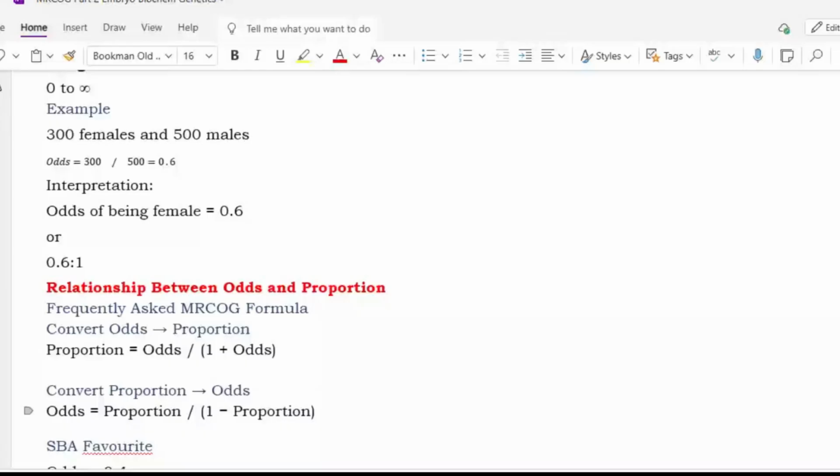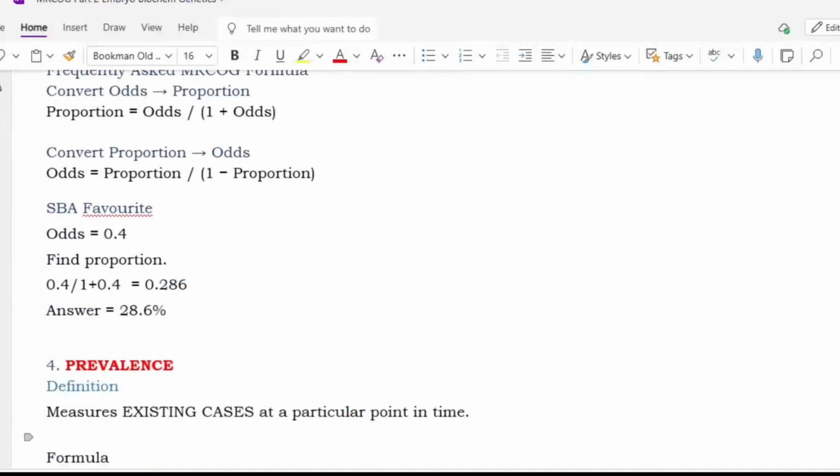Odds equal proportion upon 1 minus proportion. So when calculating the proportion, you have to add in the denominator. When calculating the odds, you have to subtract in the denominator. Proportion equals odds upon 1 plus odds. Odds equal proportion upon 1 minus proportion. That is the relationship between the odds and the proportion.